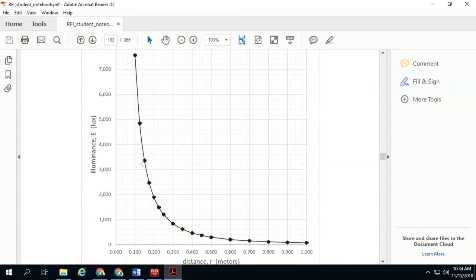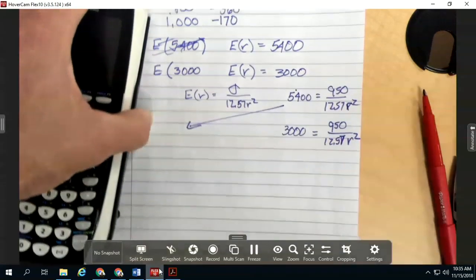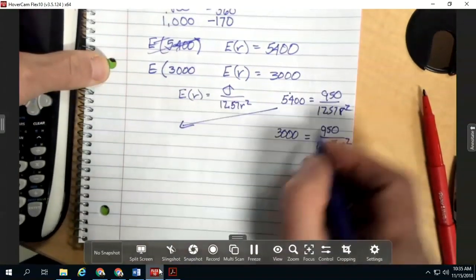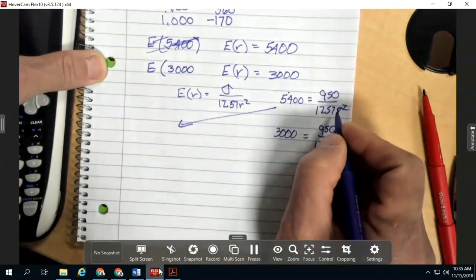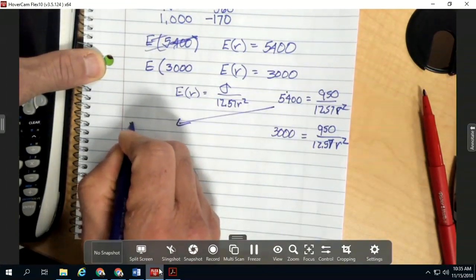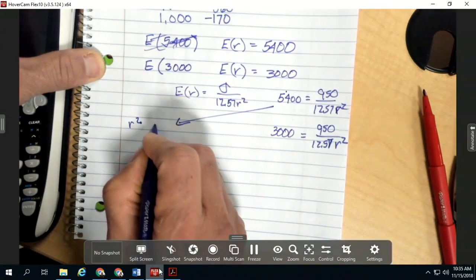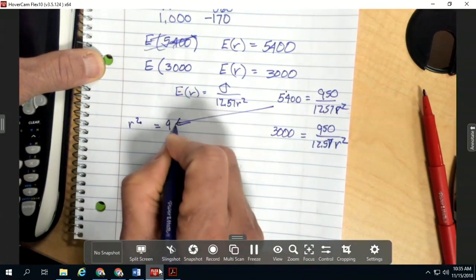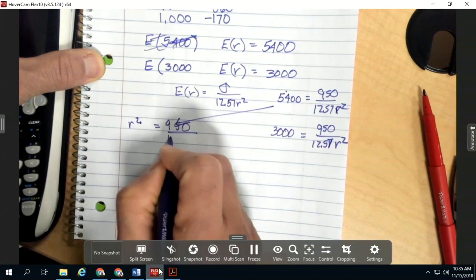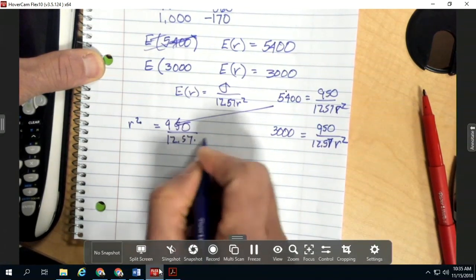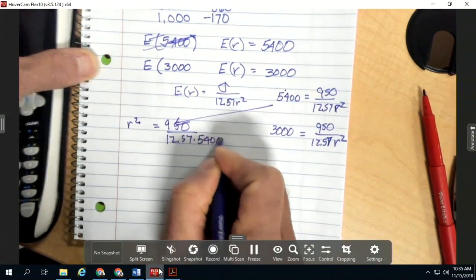Let's do the math. So to get R squared all alone in this first one, multiply both sides by R squared, and we would get R squared, and then divide both sides by 5,400. R squared is 950 over 12.57 times 5,400.